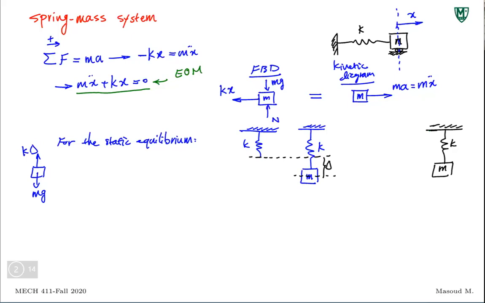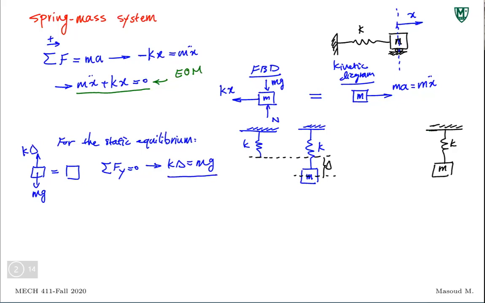And there is no acceleration, so there is nothing there. More thoroughly, the summation of forces in the y direction is equal to 0. So K delta is equal to mg. Let's keep that here.